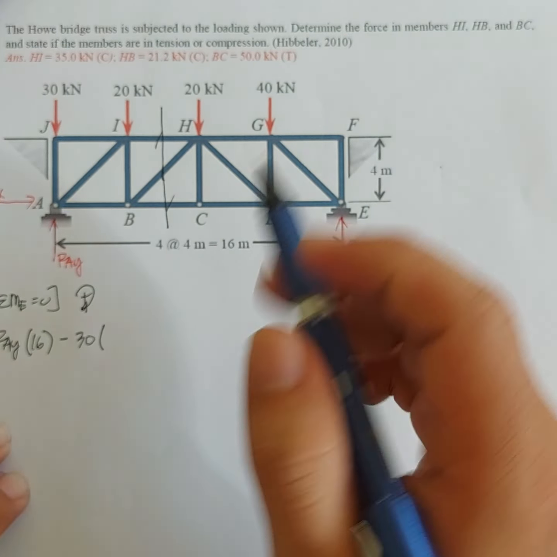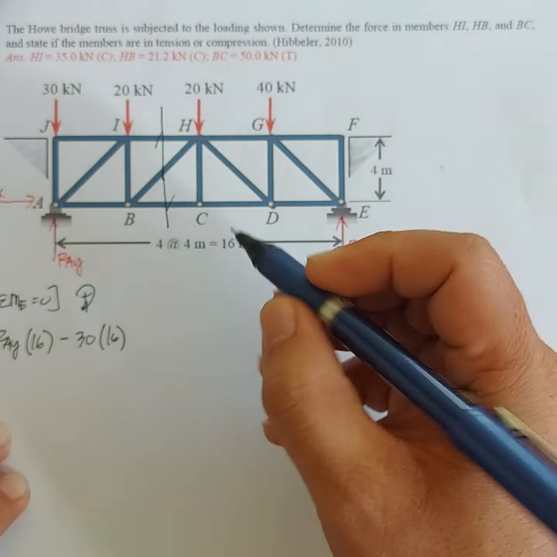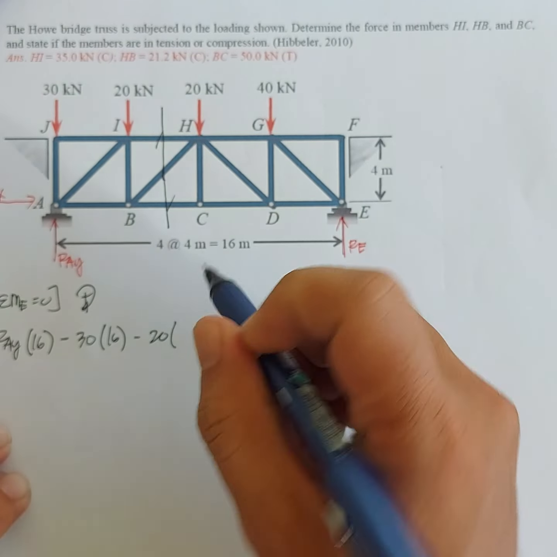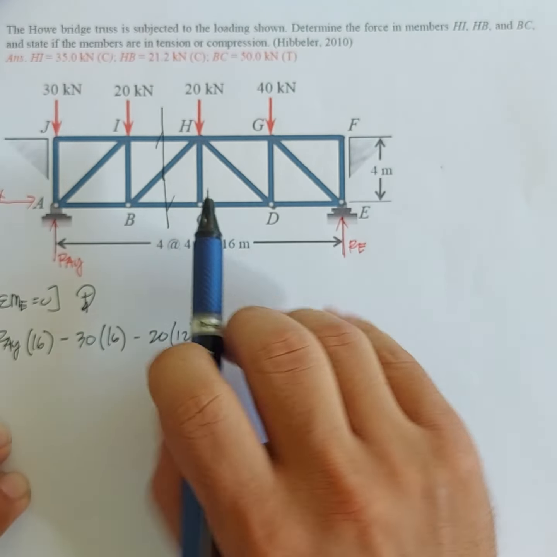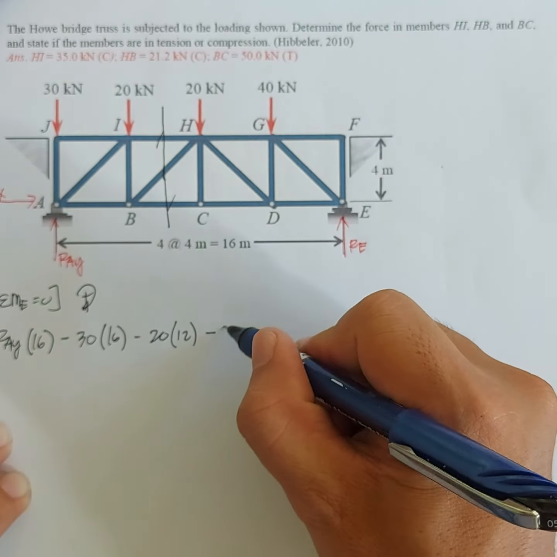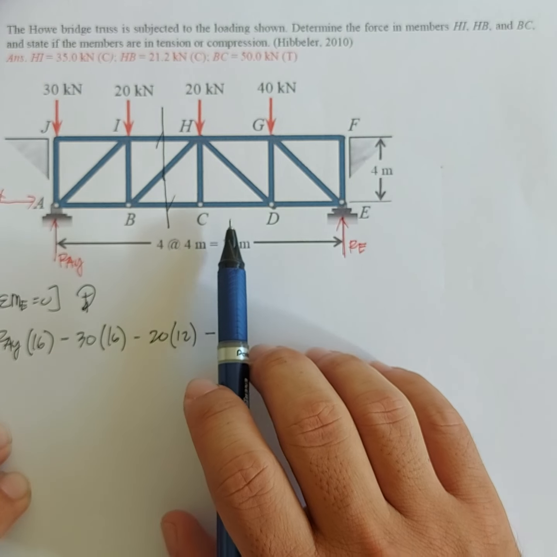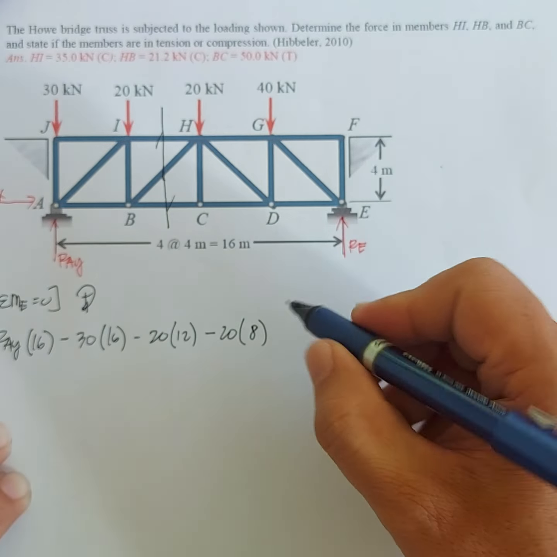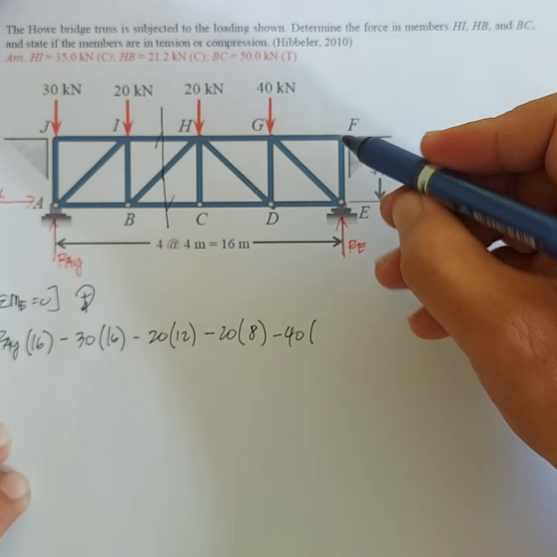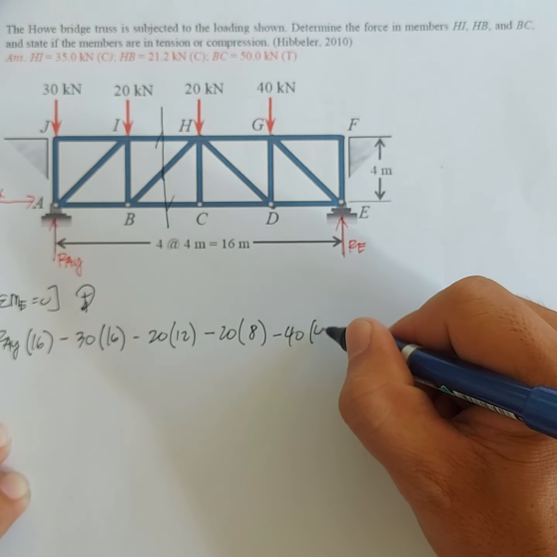times 16, minus 20 times 1, 2, 3 times 4, 12, and we have minus 20 again times its moment arm, that's two 4s, so 8, and then minus 40 times 4.